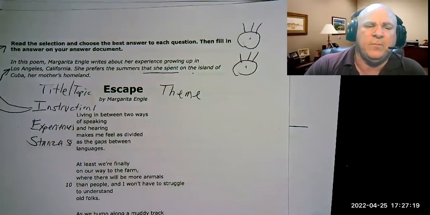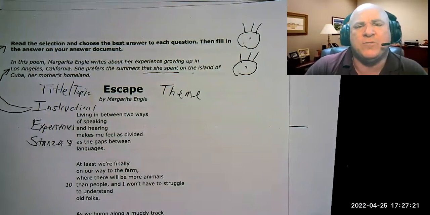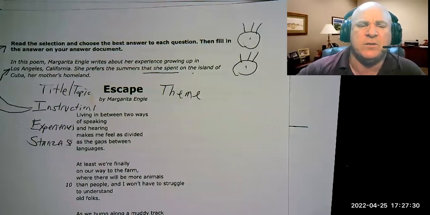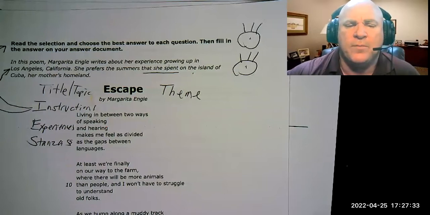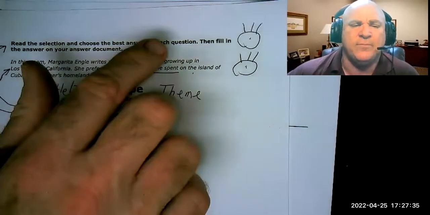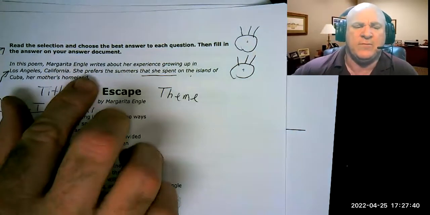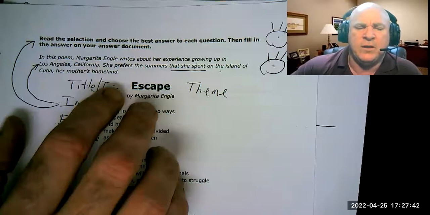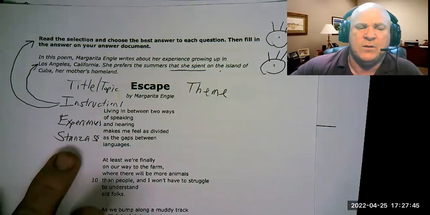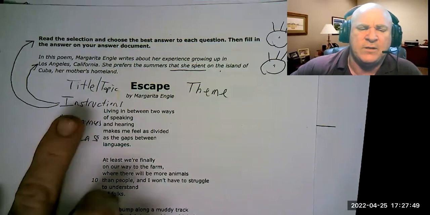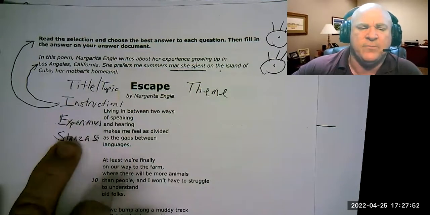So the summary, focus, theme says, in this poem, Margarita Engle writes about her experiences growing up in Los Angeles, California. So her experiences is the E of TIES. And because poems are written in stanzas, all of these acronyms from the word TIES fit together.